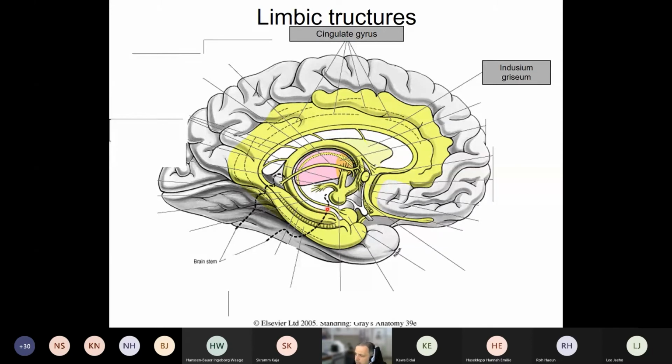The next area I would like to mention is a very tiny gray matter that covers the surface of the corpus callosum. The corpus callosum connects the two hemispheres with each other, and its surface is covered by a tiny cortical layer called the indusium griseum.